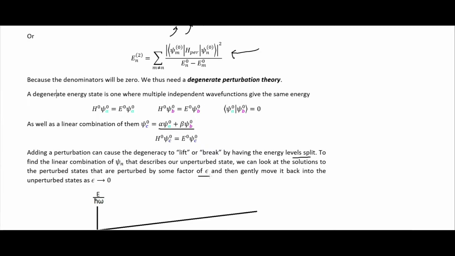But as an exercise, we're going to assume that we know the solutions for the perturbed states, and then remove that perturbation to see what the solutions are for the unperturbed states when we have the degeneracy.